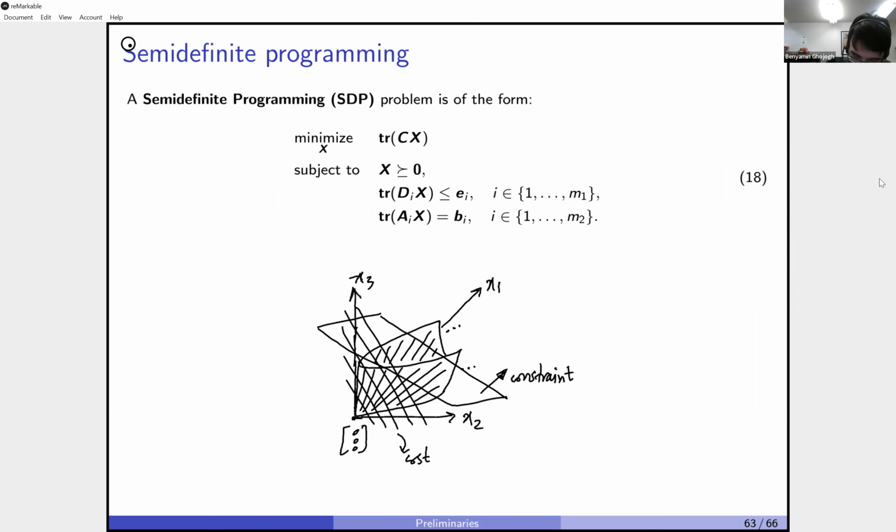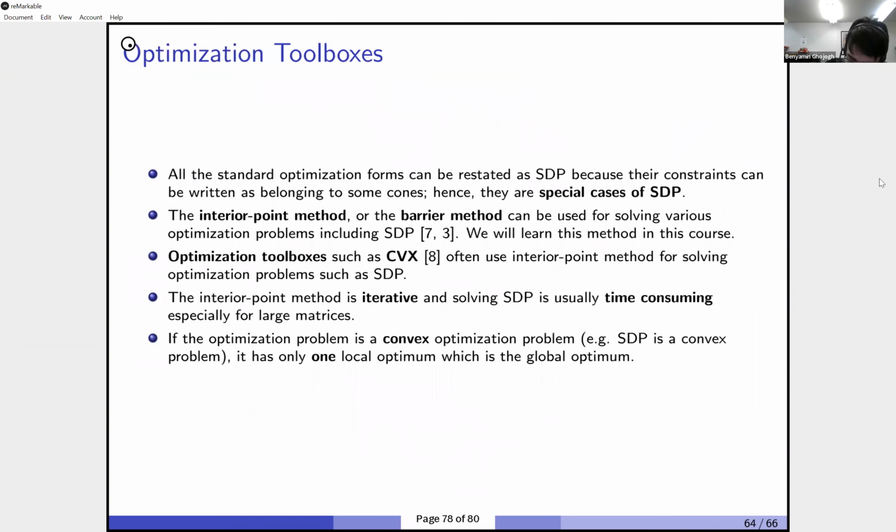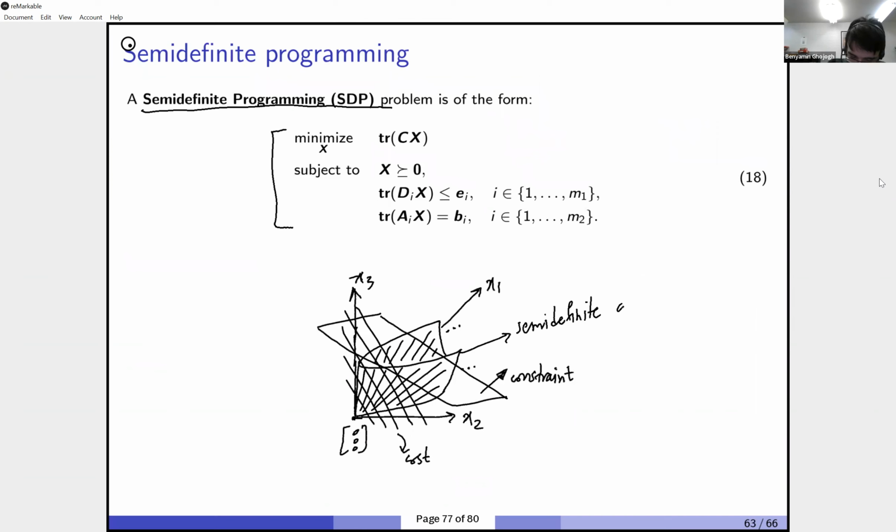So here, semi-definite programming, and as you see here, this is the semi-definite cone. This is a cone, right? It passes through the origin. If you remember in previous slides, I said it passes through the origin. So this is the feasible set. The cost is linear. The constraints also are linear.